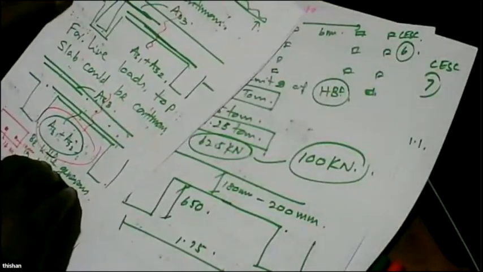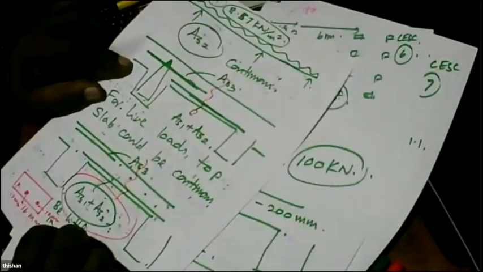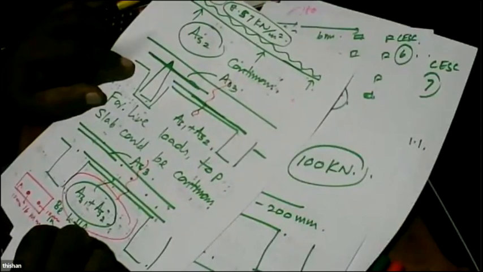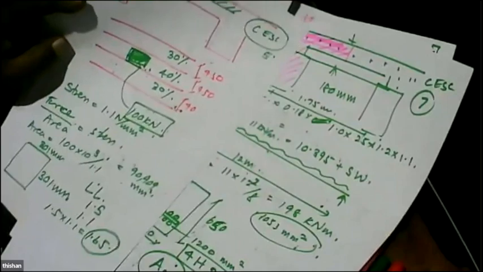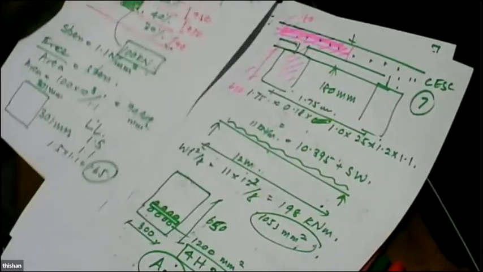And based on all that, we first understood how to calculate the reinforcement requirement in precast slabs. And then we also looked at the type of loading, especially this point load of 100 kilonewtons, which might govern the top slab design.